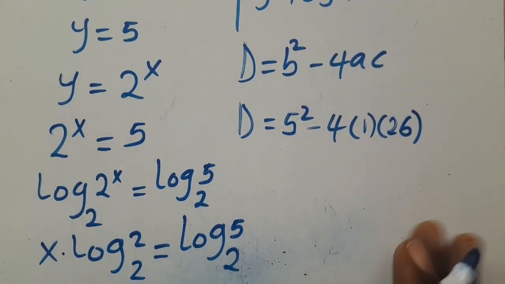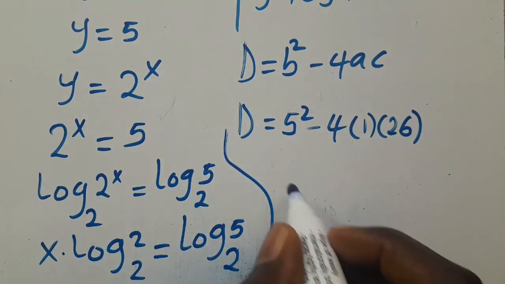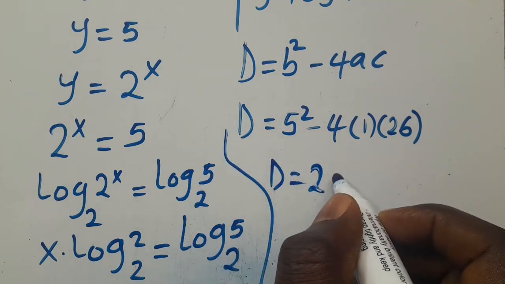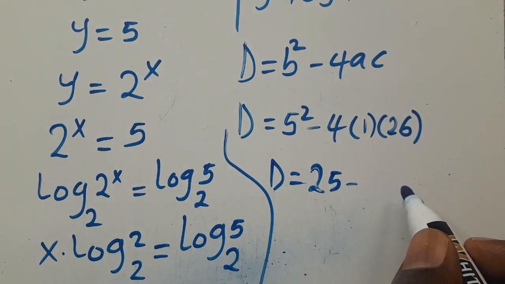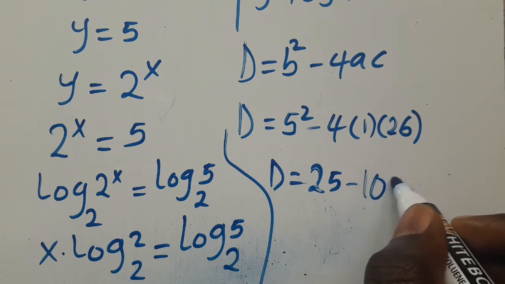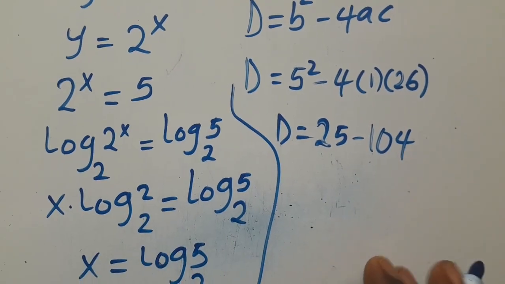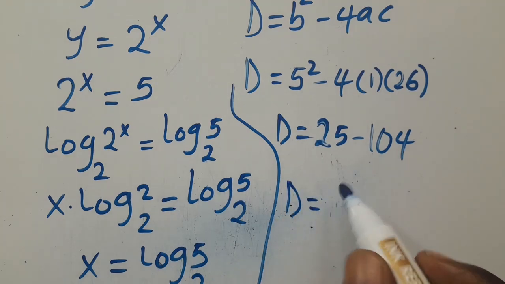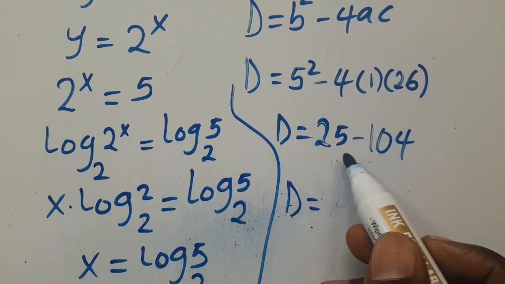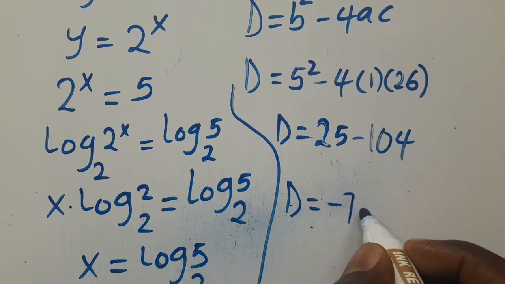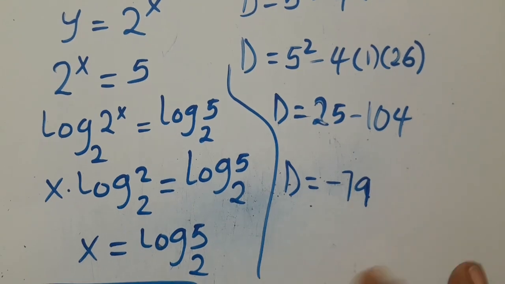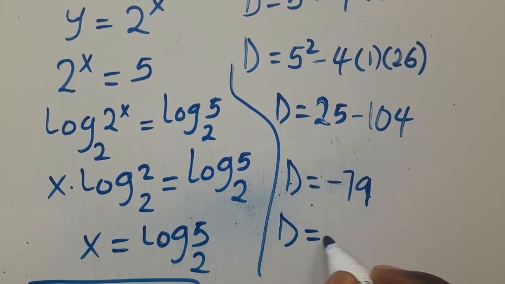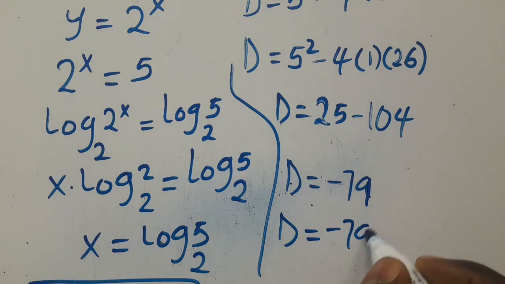Then from here, we have our d equals 25 minus 4 times 26. We have it to be 104. Then we have d equals 25 minus 104, which is minus 79. Now we have here to be negative. This implies that d equals minus 79, which is less than 0.